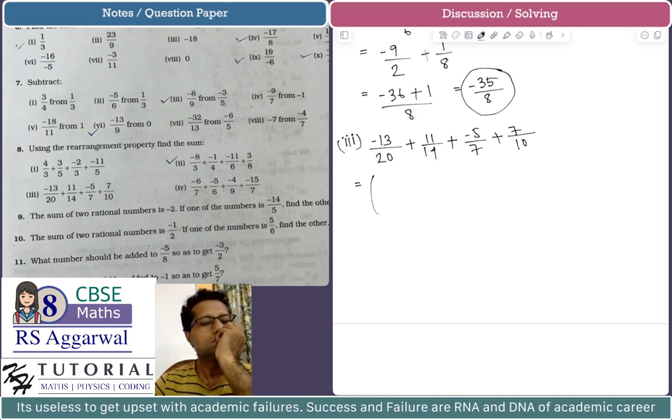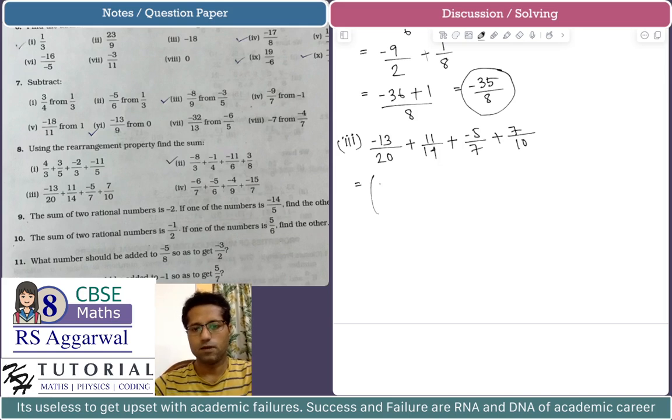You can say that you will group minus 13 by 20 and 11 by 14. That is fine, but you are left with minus 5 by 7 and 7 by 10, and for 7 and 10 the HCF is 1. So that is not a correct way of grouping.